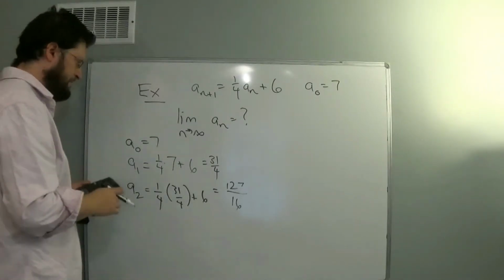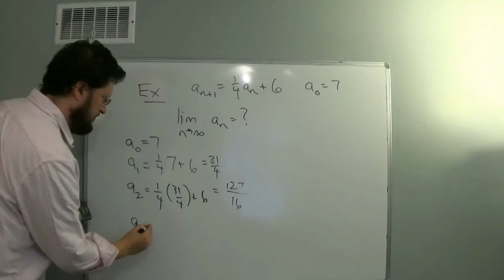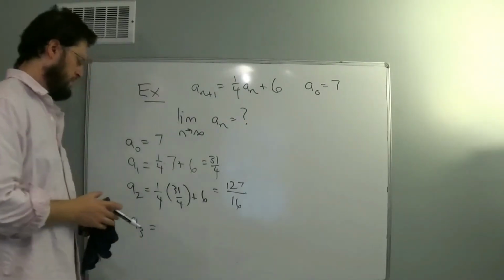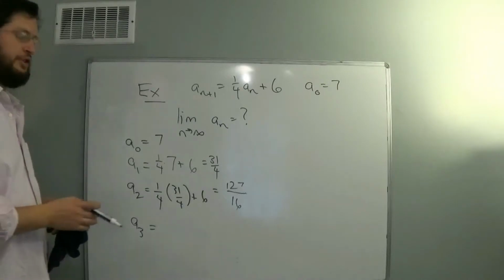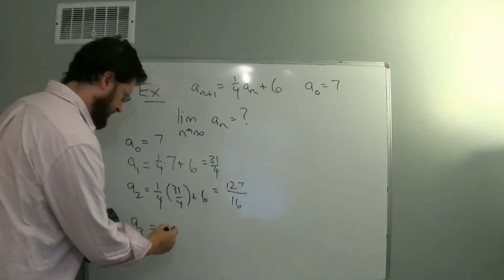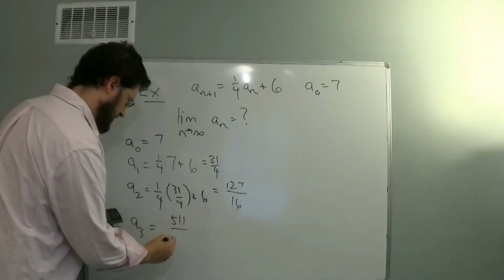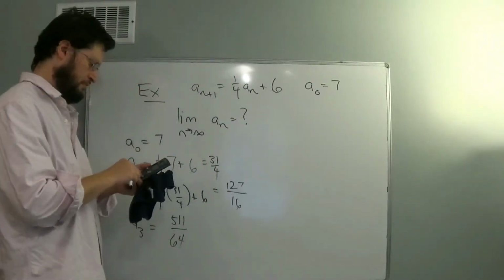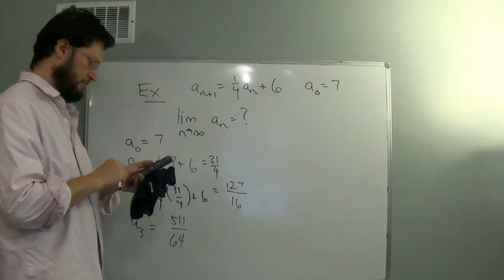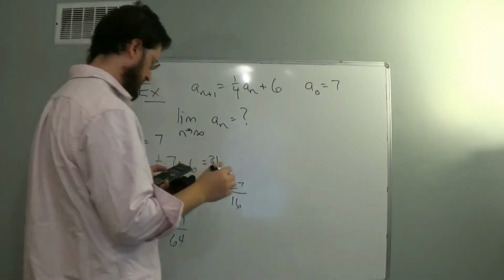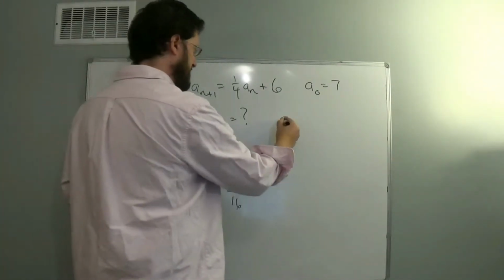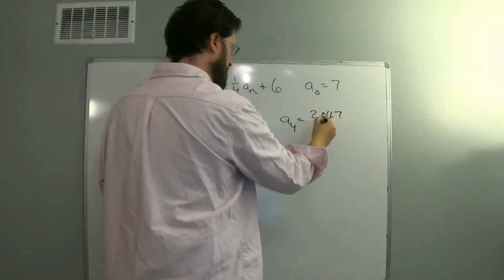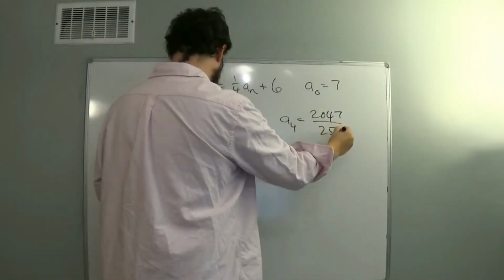And the next one, we'll find that we get 511 over 64. And if we keep going, I'll find that A4 is 2047 over 256.